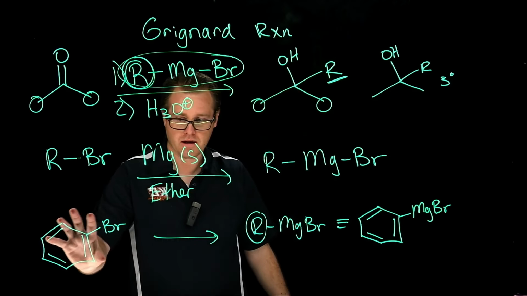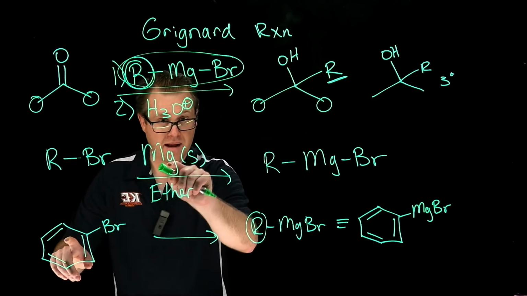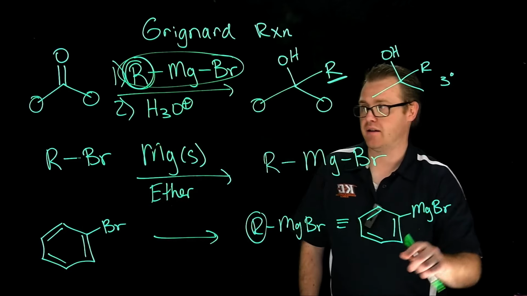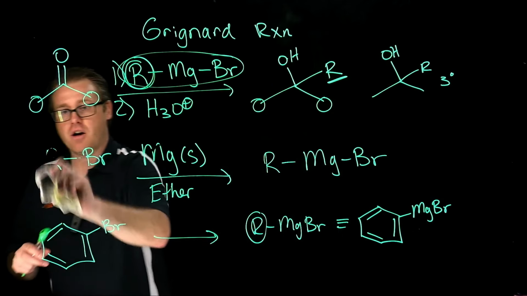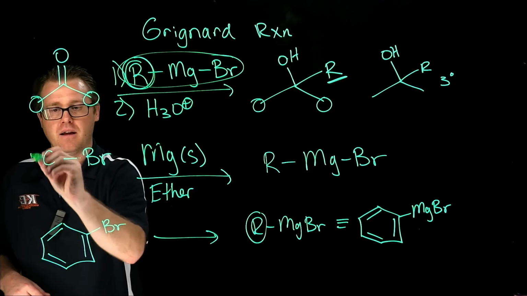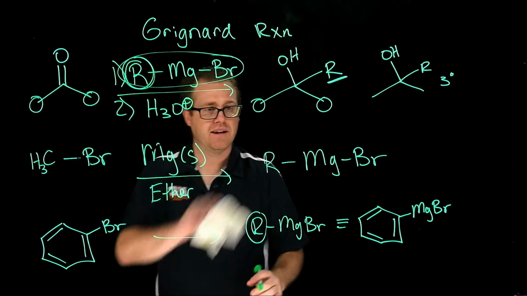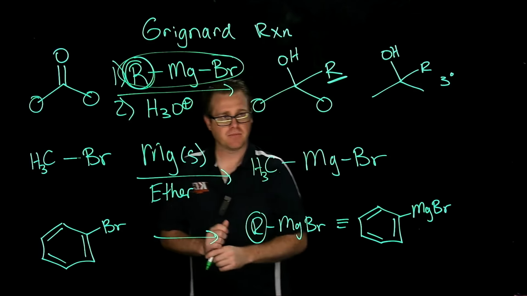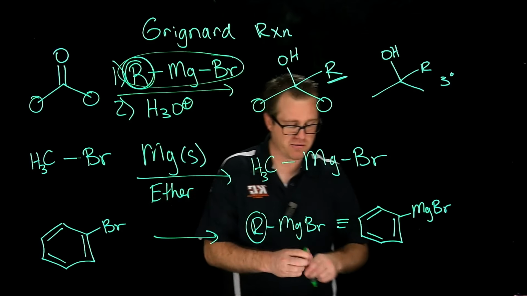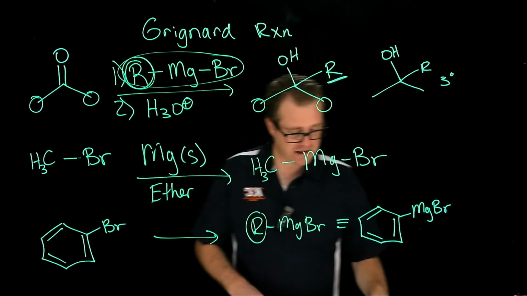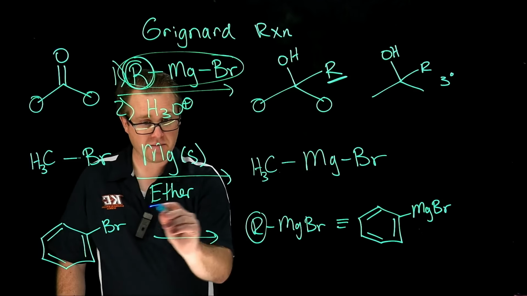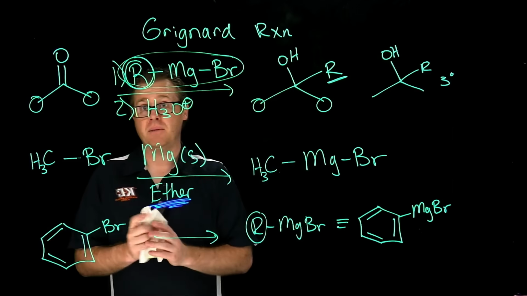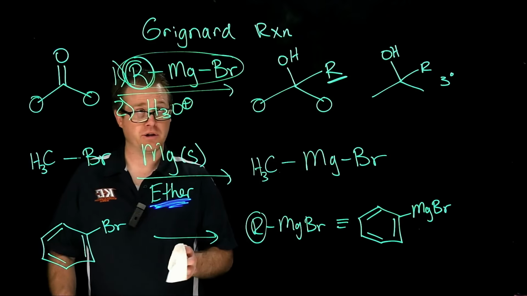So you see how we go from here, we add our solid magnesium in ether to form our Grignard reagent right here. So we could change this R group to, let's say, a methyl. And then we would get our methyl over here. Pretty slick. So that's how you make the Grignard reagent. Class, I know I've stressed this and I've said it, but please make sure you realize it's in ether. Water is your enemy when you are doing a Grignard reaction.